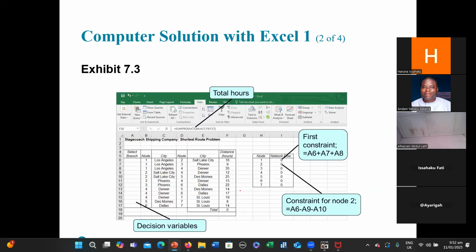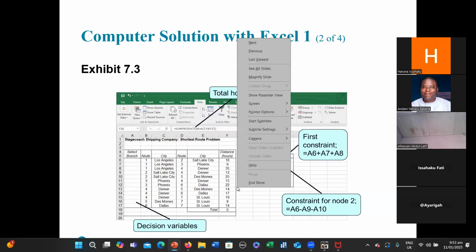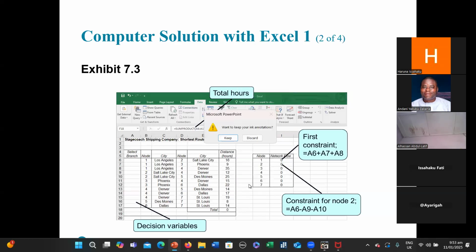Then in terms of the analysis, the setup is the same. And I've given you exhibit 7.3. Let me see.